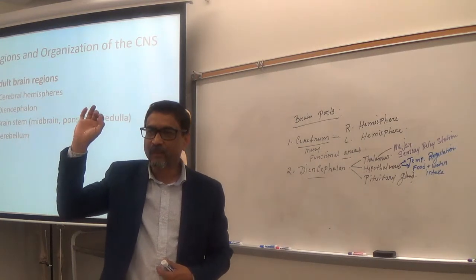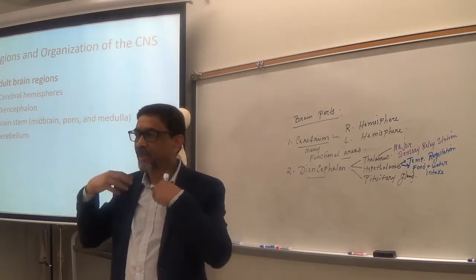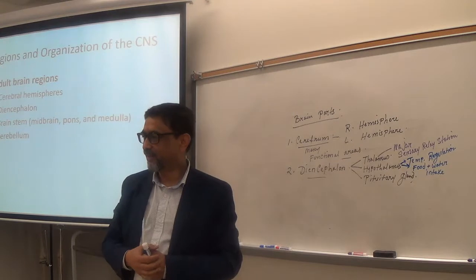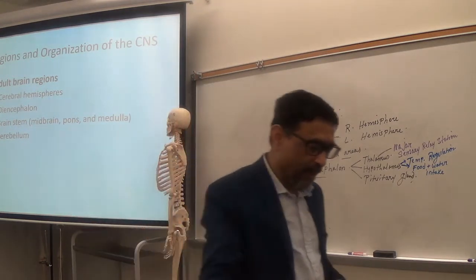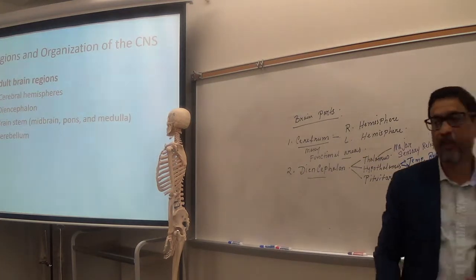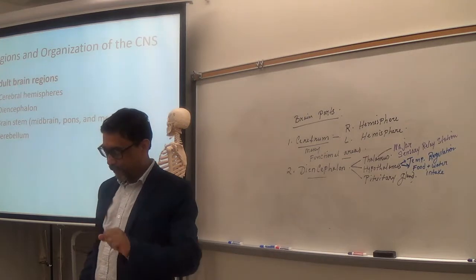Make sense? Hypothalamus can detect and sends inhibition to your thirst and eating centers. So food and water intake is controlled by the hypothalamus. It will tell you when you have to stop.